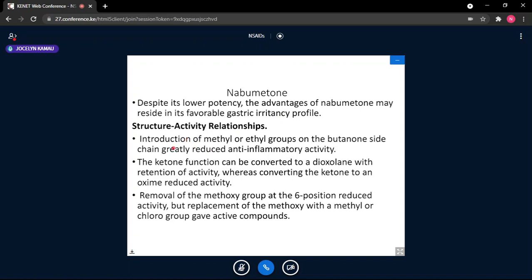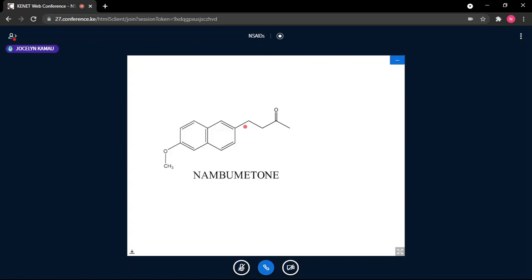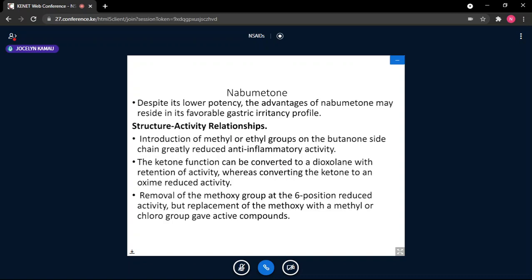On structure-activity relationship, introduction of methyl or ethyl groups on the butanone side chain greatly reduces anti-inflammatory activity. When you look at this, it is carbons 1, 2, 3, 4, which is why we call it butanone. So you cannot introduce a methyl group here or anywhere in this side chain; if you do, there is great reduction in activity.